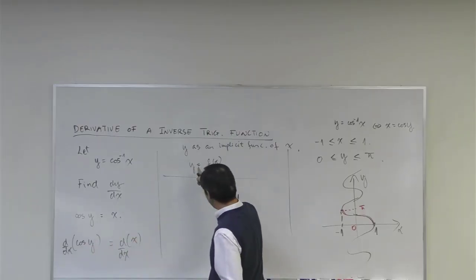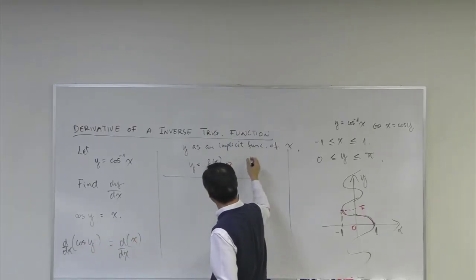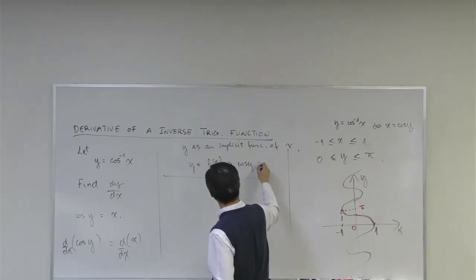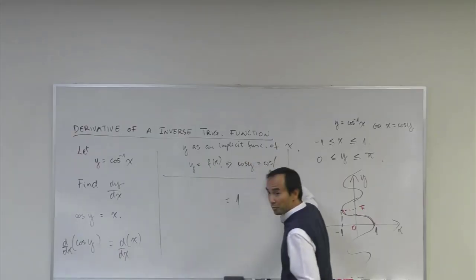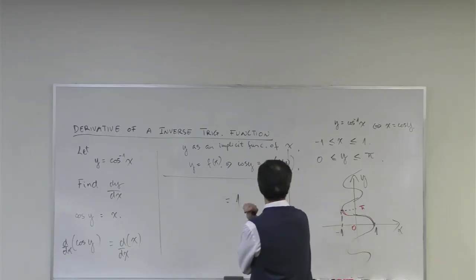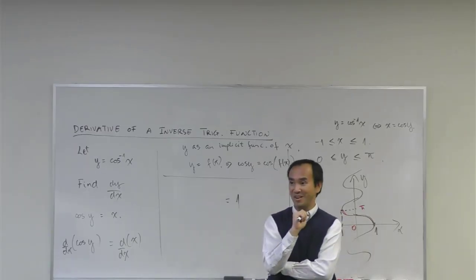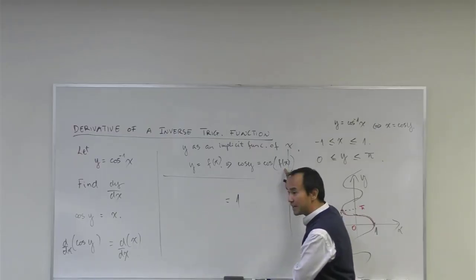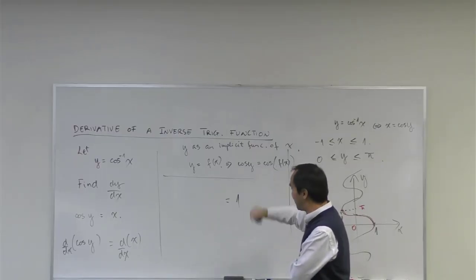The left-hand side here, we've got an outside function. Because y equals some implicit function of x, cosine of y means we apply the cosine operation on top of our implicit function f of x. Are we good with that? So there's an inside being the implicit function and an outside being the cosine.